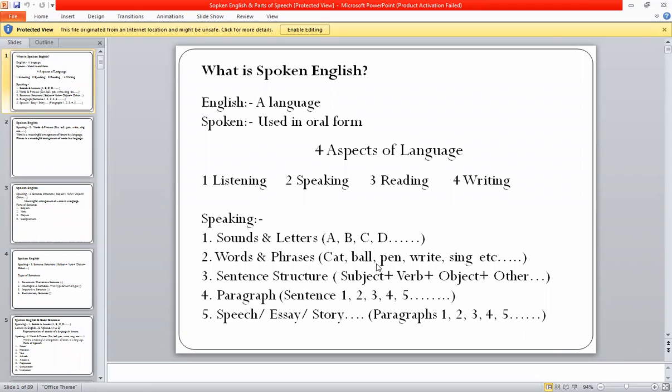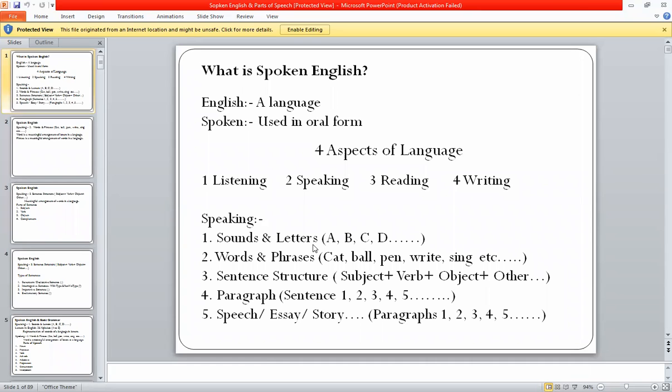Okay, and speaking about sounds, sounds are something different from letters. Whatever the sounds are, they are different from letters or the alphabets. There is a difference between letters or alphabets and sounds.